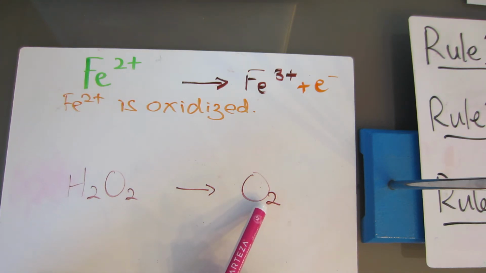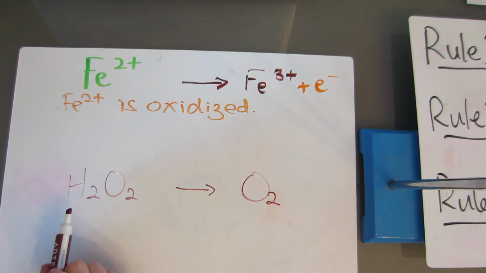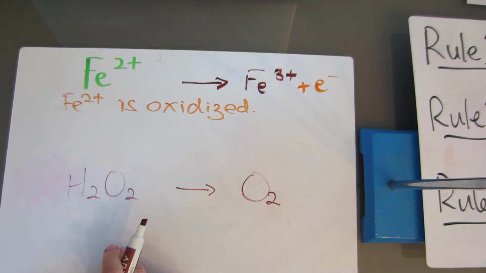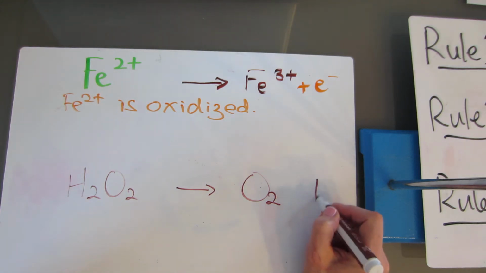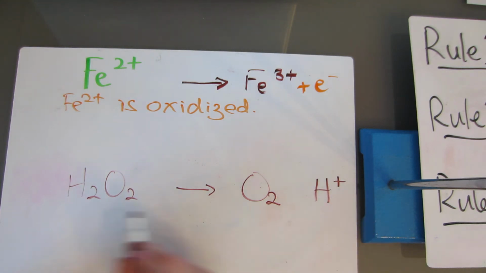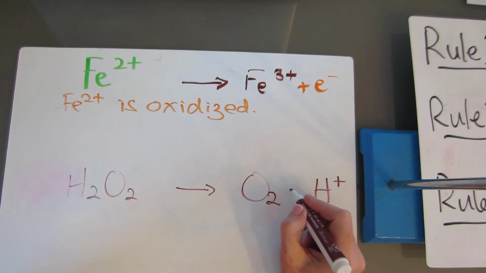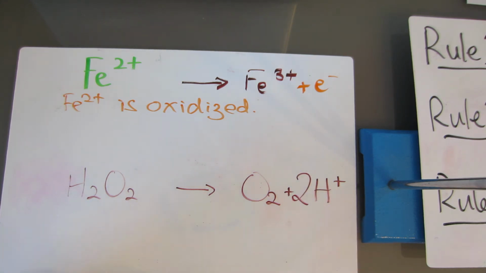Oxygens are already balanced. But what I do notice is I've got hydrogens here, so I jump straight to rule number 2. How do I balance for hydrogens? Add H plus ions. So I'm going to add H plus ions to this side. How many? 2 hydrogens, so 2 H plus.